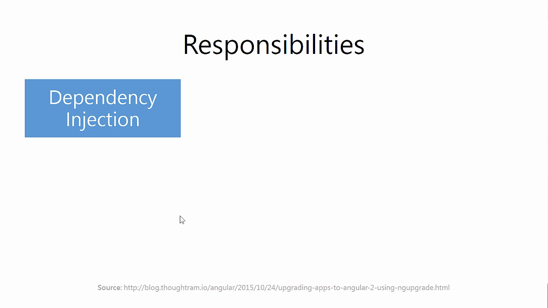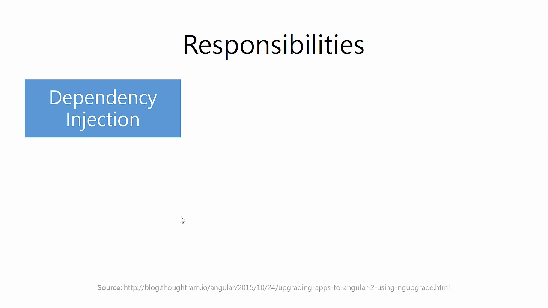It has a number of different responsibilities in order to make sure that the two frameworks interoperate together correctly. So the first one is dependency injection. As you set up your application, you'll tell it that there are different components that you want to make available to the whole of the website, whether that's Angular 1 or Angular 2.